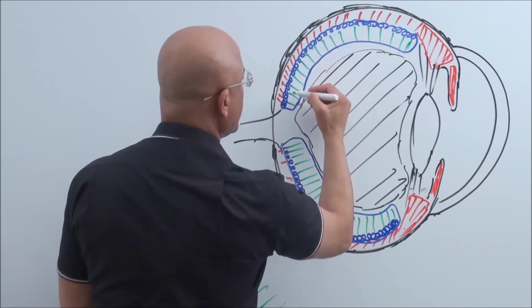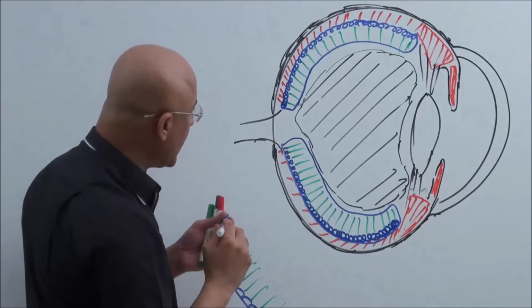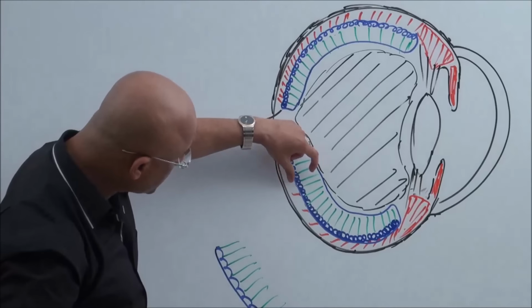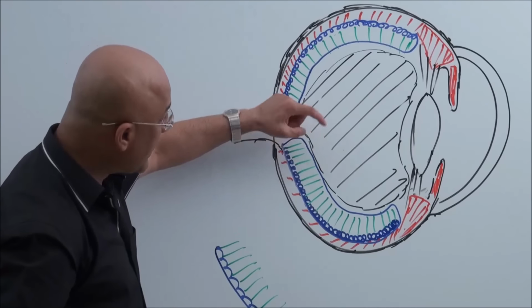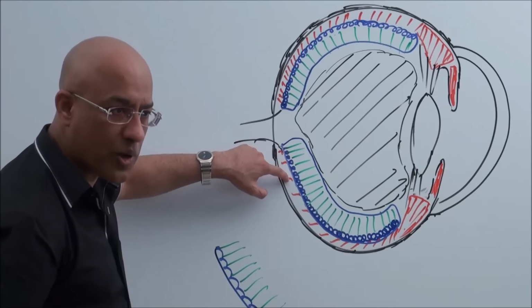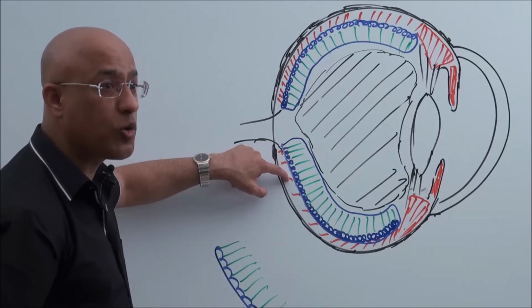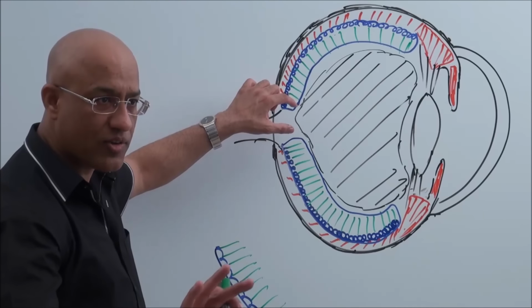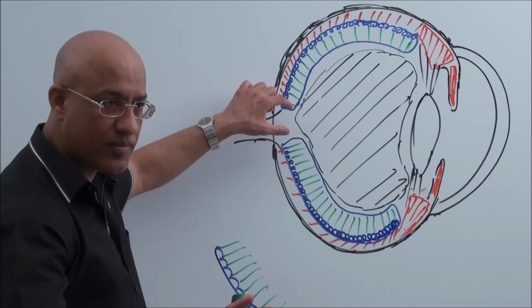Its pigment layer and this is the neuronal layer, right? Now you see the retina is sandwiched between, internally, vitreous and externally, choroid. Is that right? This is the exact location of the retina inside the eyeball. Is that right? Any question up to this?